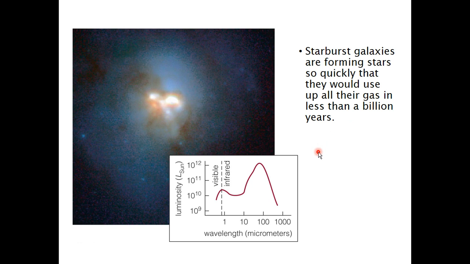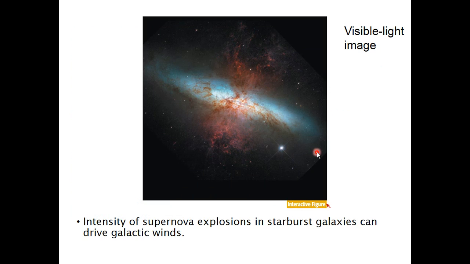And one type of energetic source is what's called starburst galaxies. The idea is that the stars are forming very, very quickly, and in doing that, they're putting out a large amount of energy. The rate at which the stars are forming implies that the supply of gas and dust gets used up in a very small amount of time, less than a billion years.